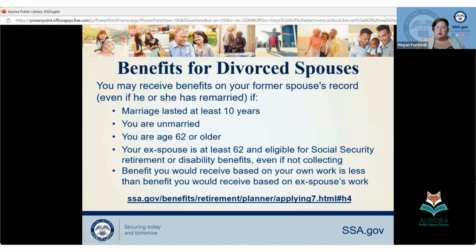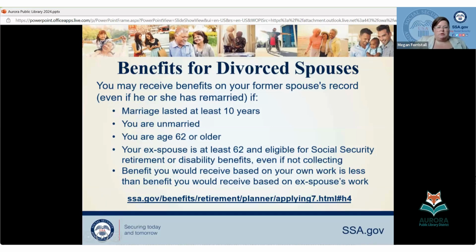You cannot be currently remarried to someone else. Now, if you were remarried after, but are no longer married to that second marriage or however many marriages, you can then still look at that divorced spouse benefit. You just can't be currently remarried to someone else and draw off the former spouse who's living.